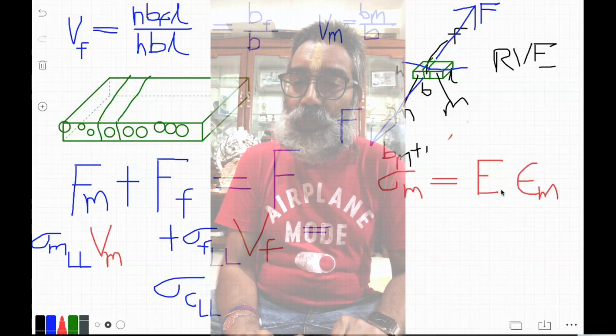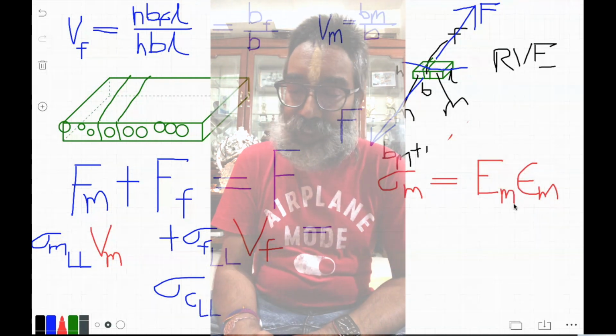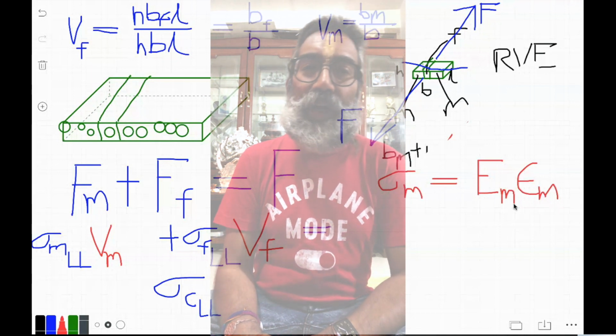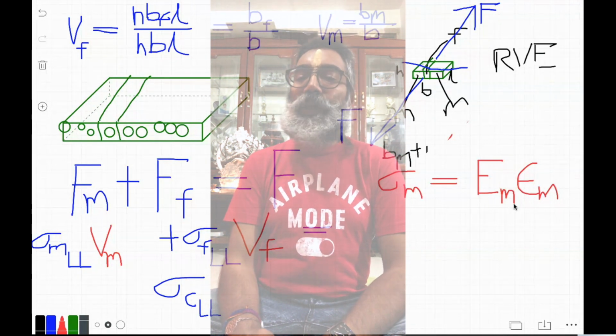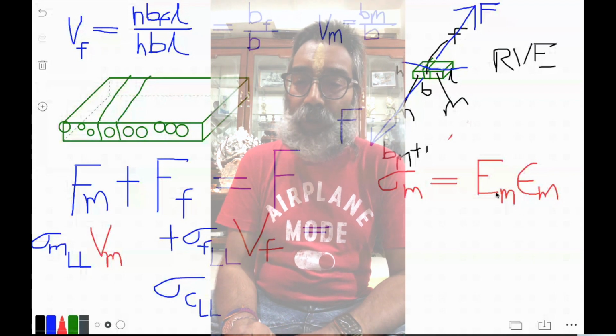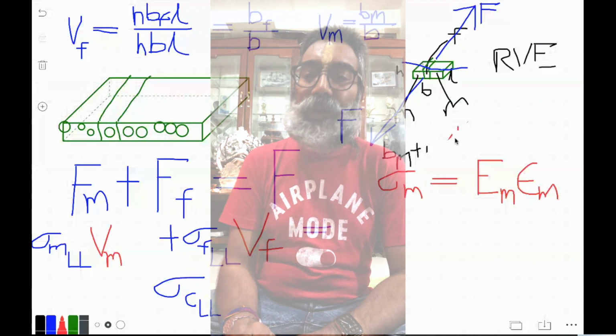Now we have assumed that the matrix is isotropic, which would be the case if it's epoxy or even metal matrices like aluminum, etc. So it's a reasonably good enough approximation that you have over here.